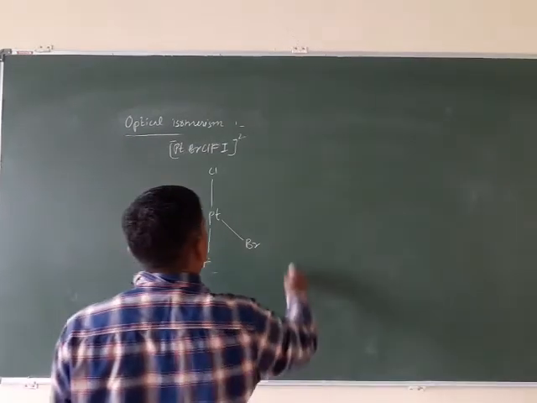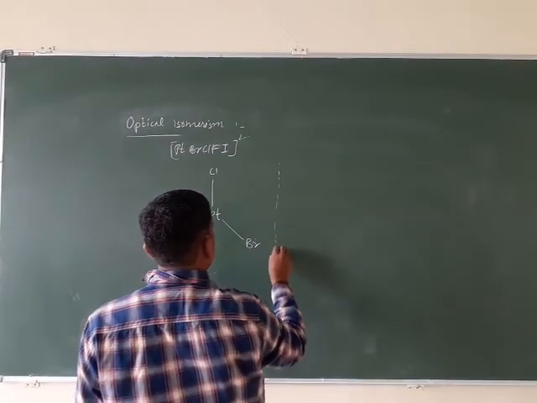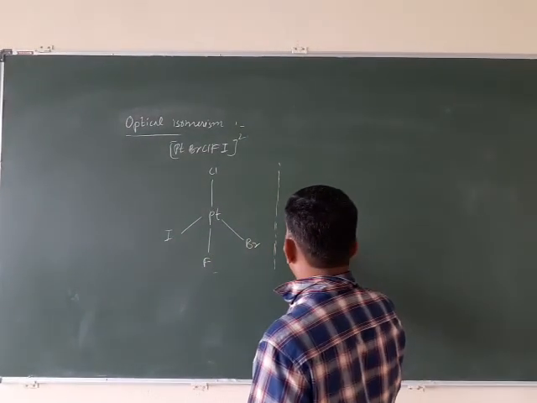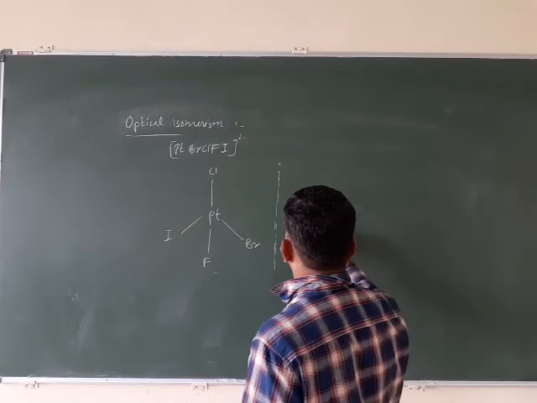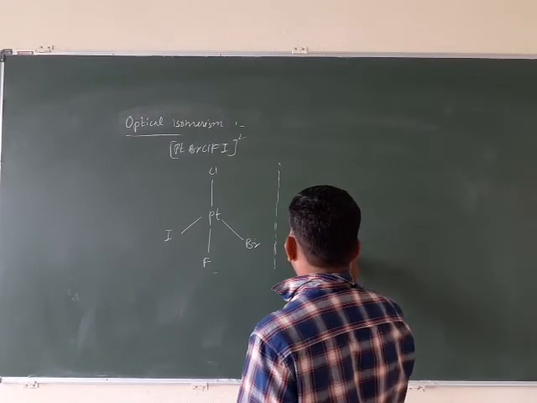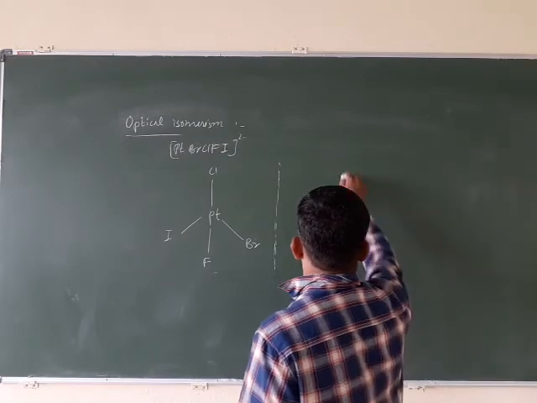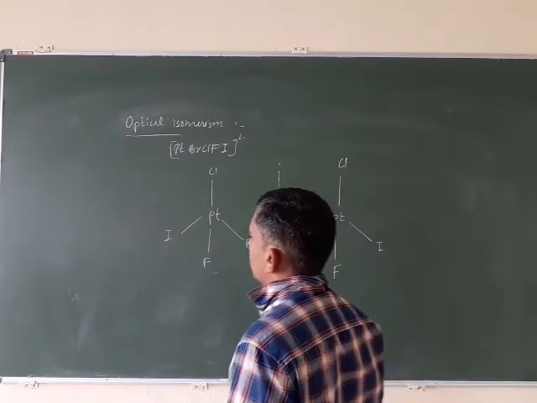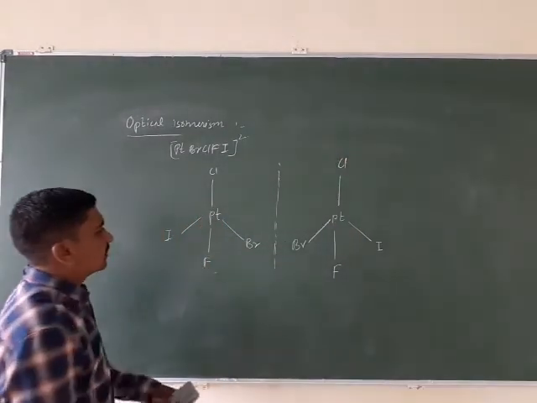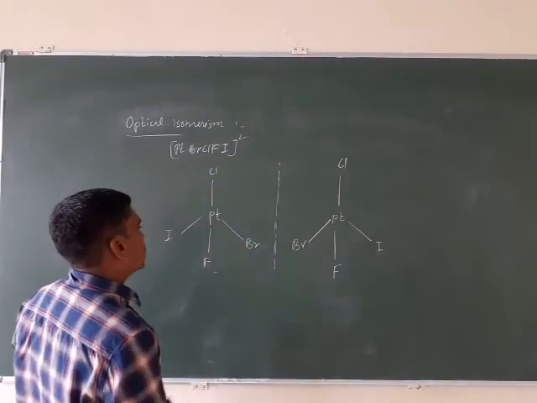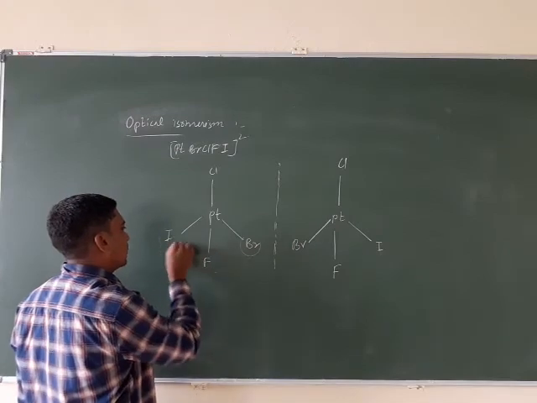And this is the mirror image of it: Br, F, I, Cl. Now if you lift this structure and try to keep it on the other, these positions are not matching.